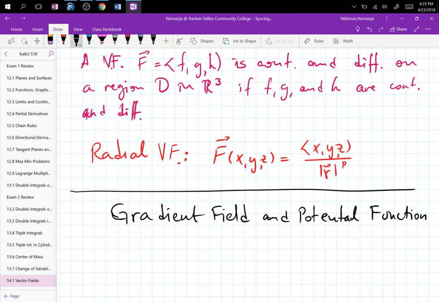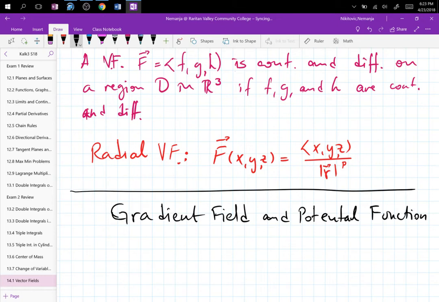Now, let's use our brain power and remember vector valued functions.